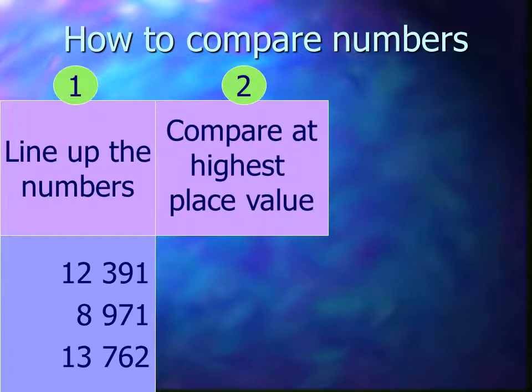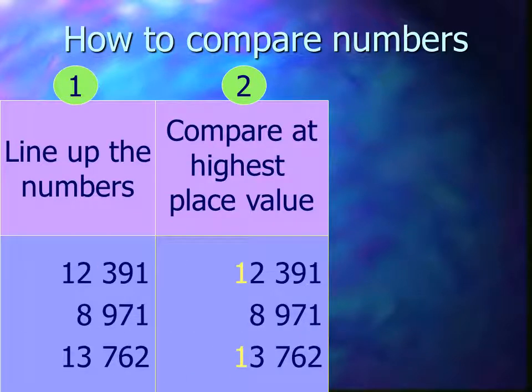2. You need to compare the highest place value. As we have learned in the first part of the place value series, you need to look at the highest place value, the place furthest to the left of the list of number digits, and you will see which one is the greatest.